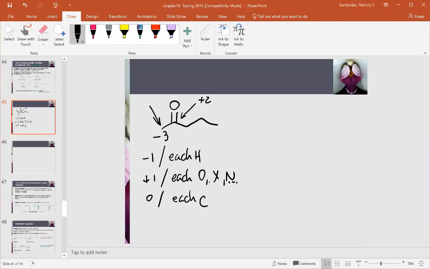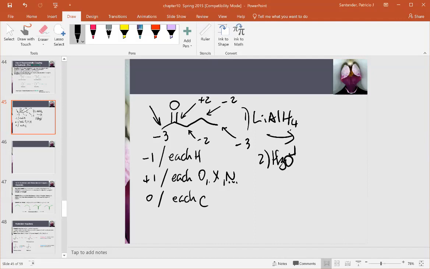And then the next carbon atom, this one will be -2, that one will be -2, and this one here will be -3, right? And let's say that I perform a reaction. It could be a reaction with lithium aluminum hydride followed by H3O plus, and that is going to give me the corresponding alcohol.